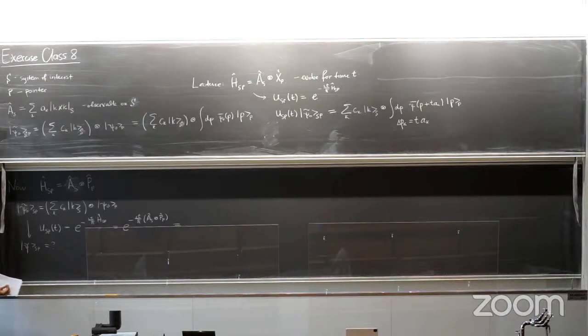Then according to the Schrödinger equation, the evolution will always be given by this exponential for this particular Hamiltonian. Of course, you can vary the Hamiltonian, but given the Hamiltonian, this is how you write the evolution. Does it make sense? Okay.